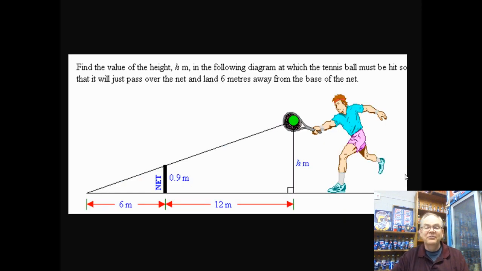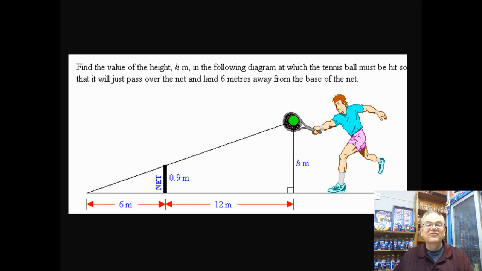I'm going to look at one last problem here. This one is sometimes a little more complicated for people, because you've got to be careful of what you're matching up with what. It says find the value of the height h, and they tell us we have a net that's 0.9 tall, and one side that's 6 and one side that's 12 meters. You've got to be careful that you're looking at sides of triangles when you put things together.